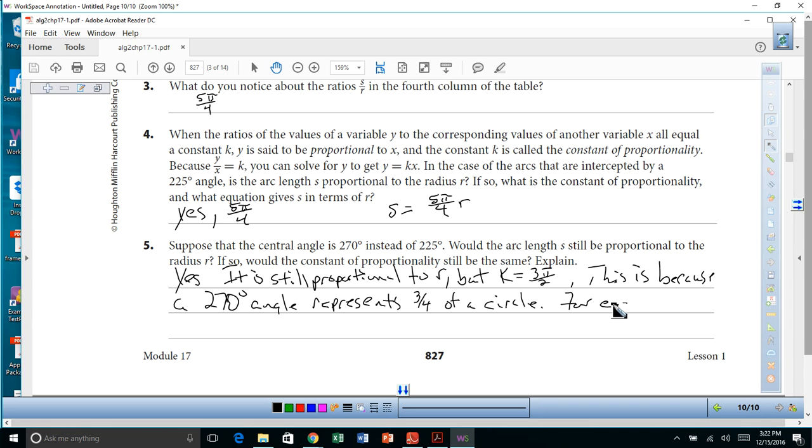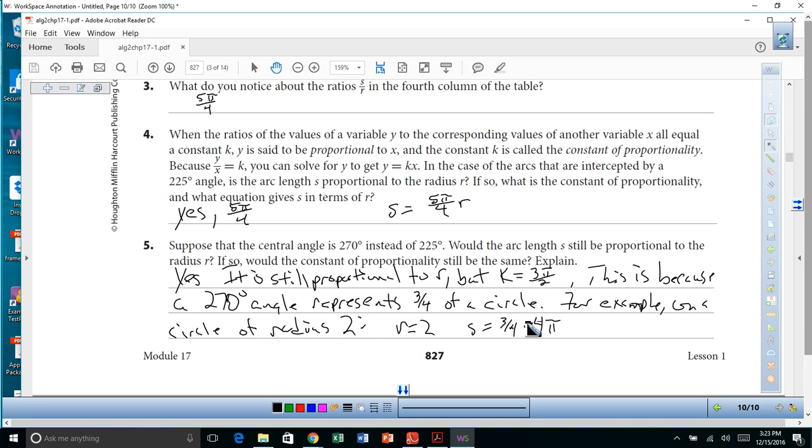For example, on a circle of radius 2, R equals 2, S equals 3/4 times 4 pi.